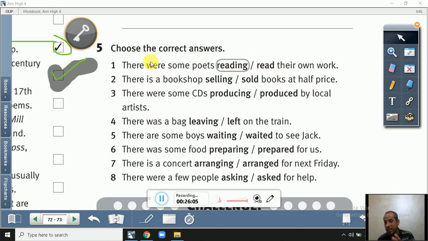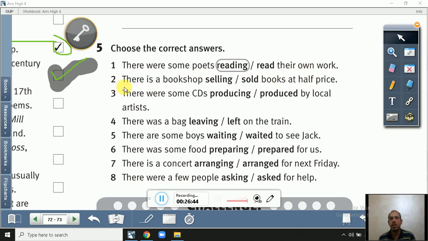Just read the sentence and try to guess if it sounds natural or not. There were some poets reading. Do you think reading is the correct answer, or read, their own works? If you imagine there were some poets who were reading. Reading, excellent. Reading their own works.